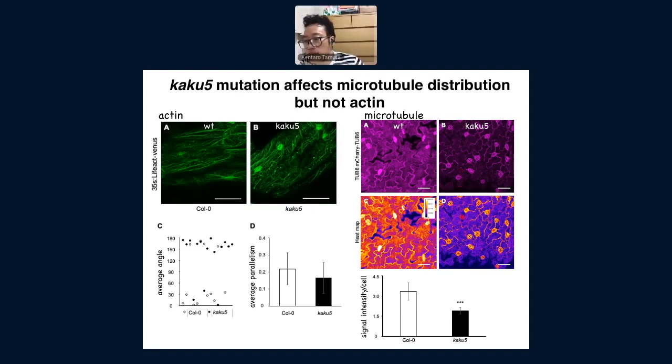This heat map shows fluorescence intensity of microtubules, clearly showing that CAC5 has lower fluorescence intensity. The quantification data indicates that CAC5 mutation affects microtubule distribution in leaf cells, suggesting that spike1 is required for microtubule distribution in pavement cells.